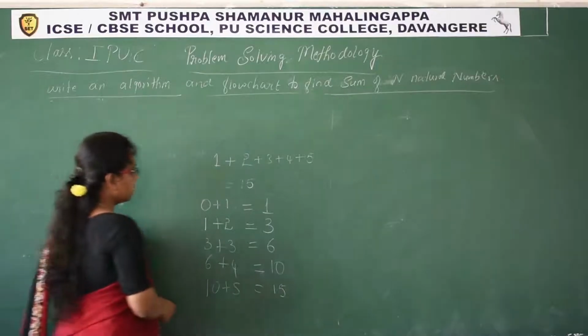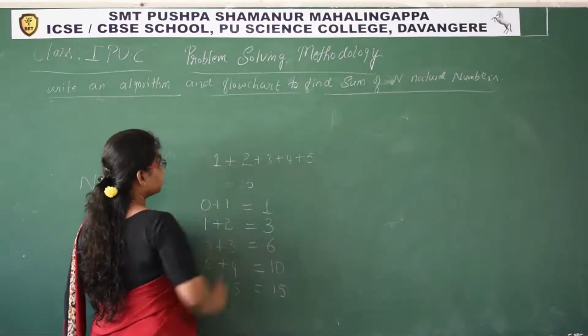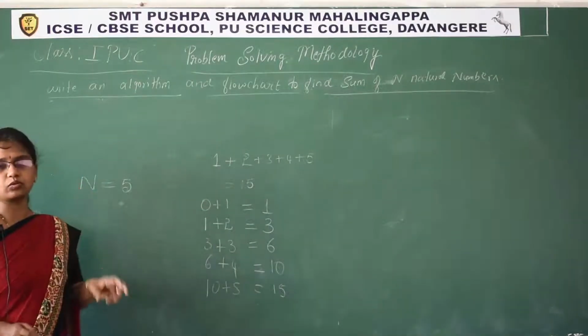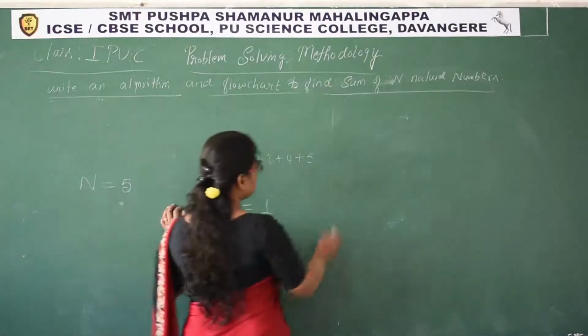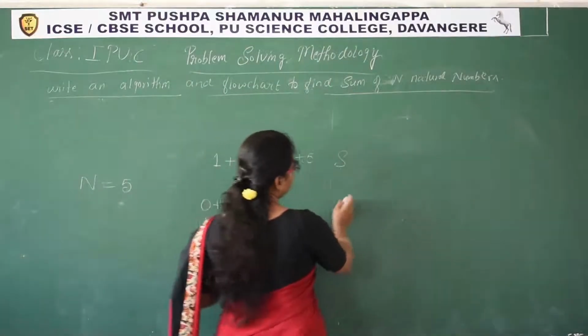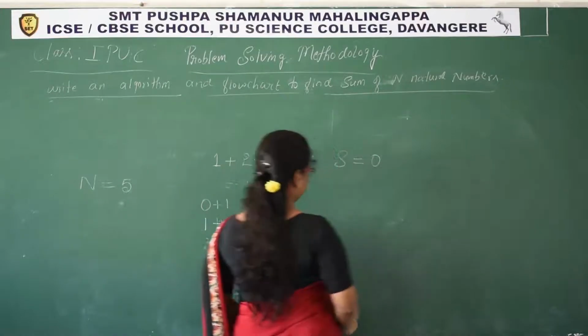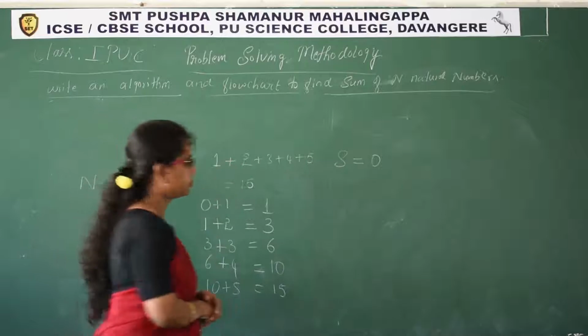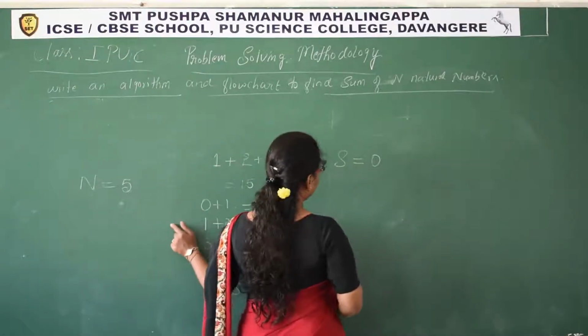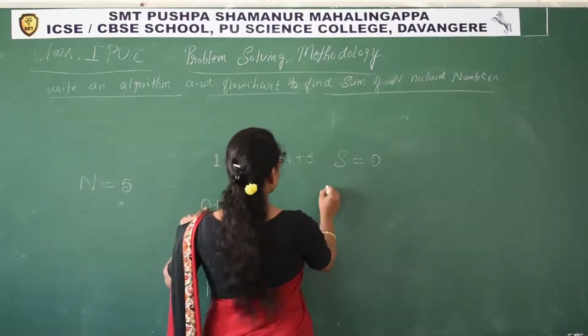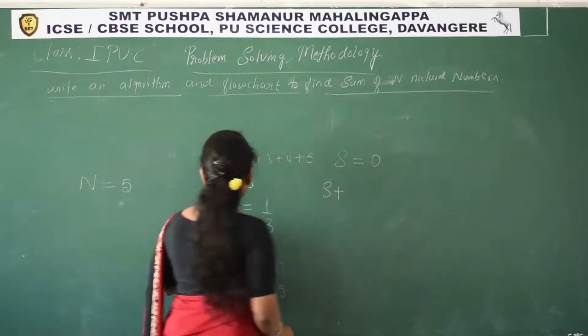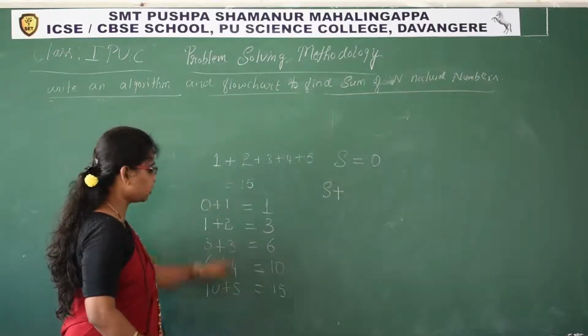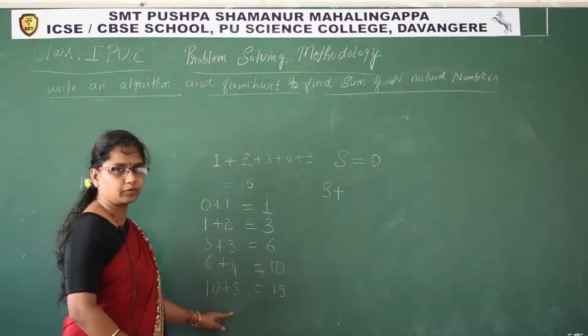So first, this one has to be added with the number that is 0. I'll take that 0 in one identifier. I'll take s is equal to 0. So let us give some label to that 0. S is equal to 0. First time I'll add s plus, every time these values are changing or incremented by 1, no?